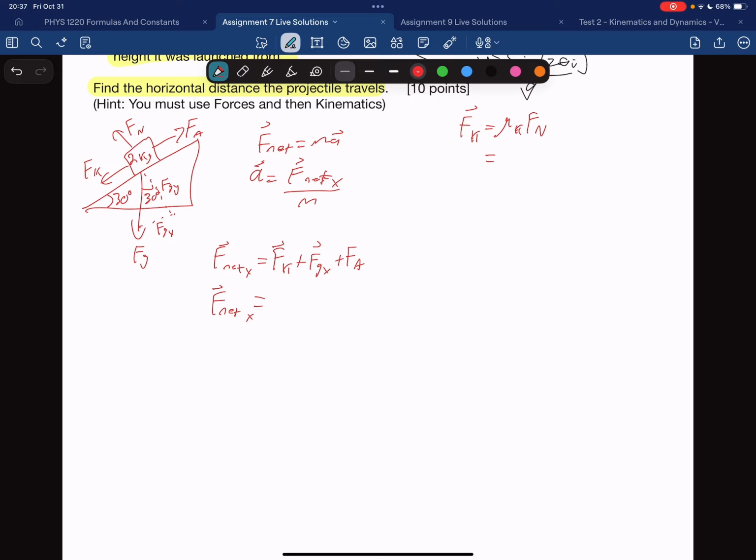And in this case, the normal force is going to be balancing the y component of the force of gravity. So that is Fgy. So this is going to be mu k times mg cos theta.